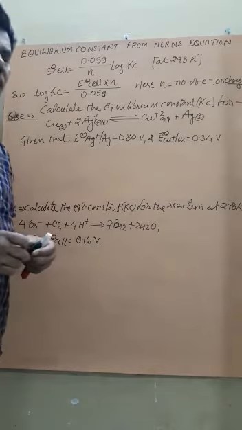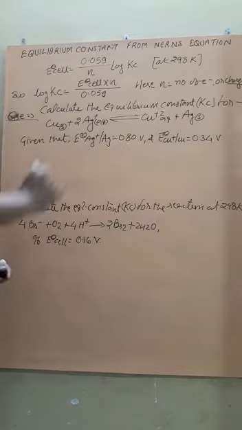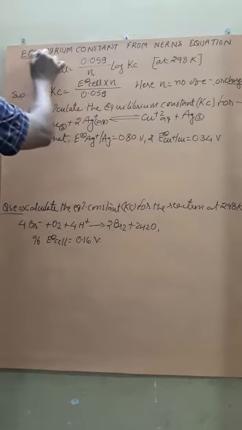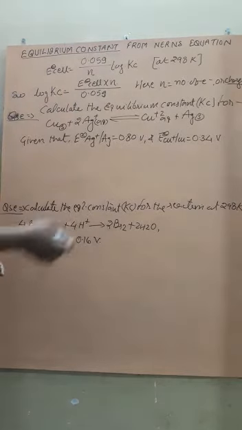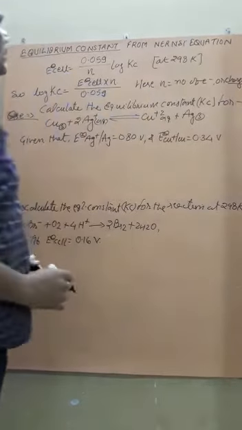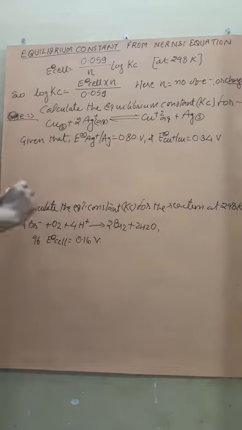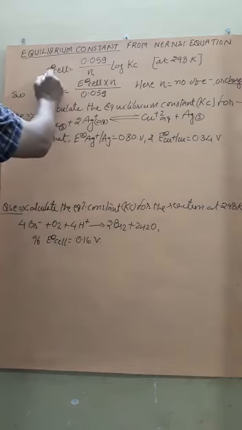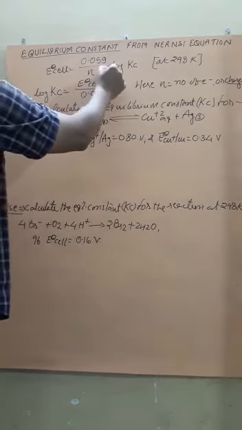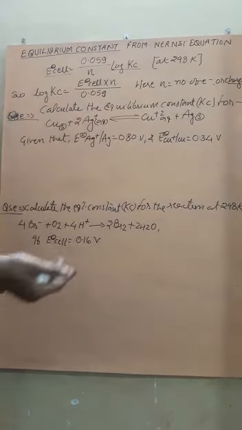Yes, student, here are two numerical questions based on the topic which we have discussed in our last class, equilibrium constant from the Nernst equation. Student, we have already derived an equation which relates log Kc with the Nernst equation.